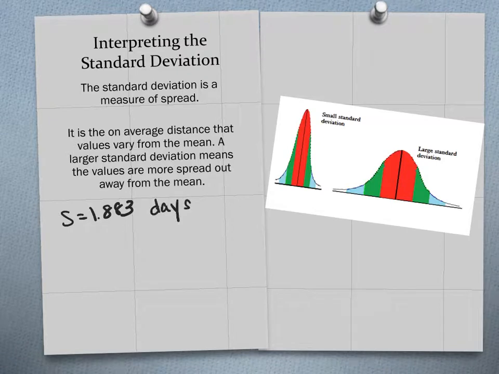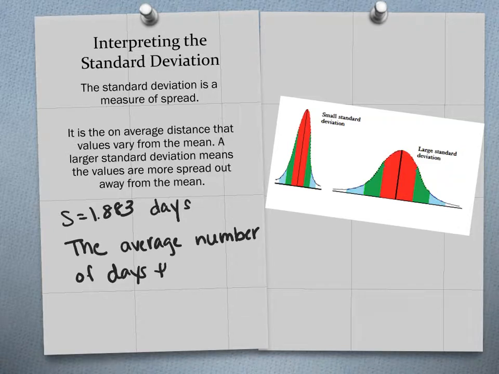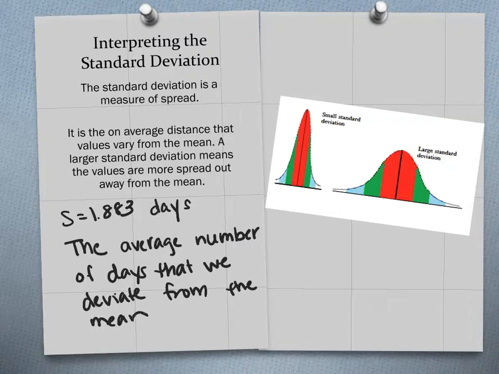Or we can approximate this: this is the average number of days that we deviate from the mean. So on average, we deviate from the mean approximately 1.883 days.